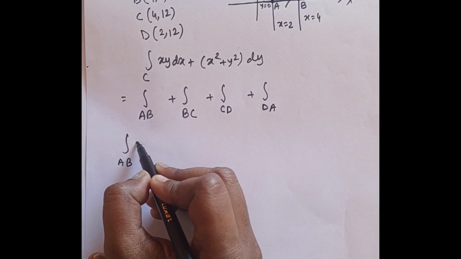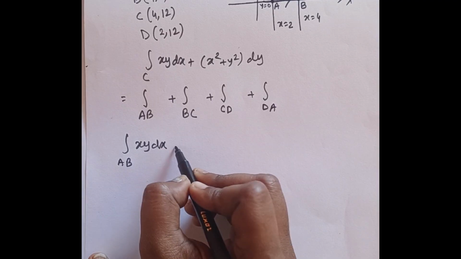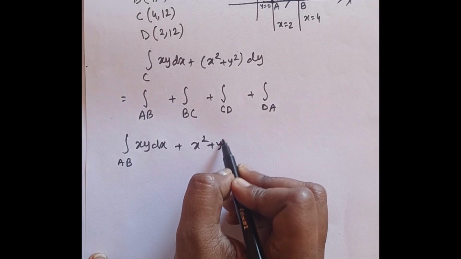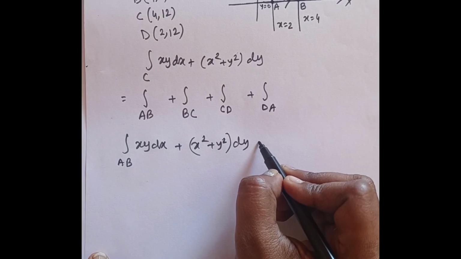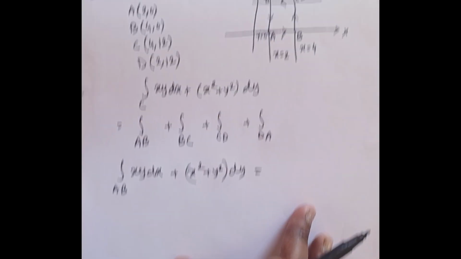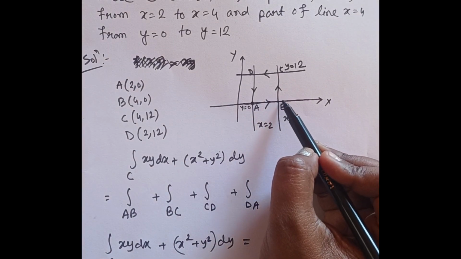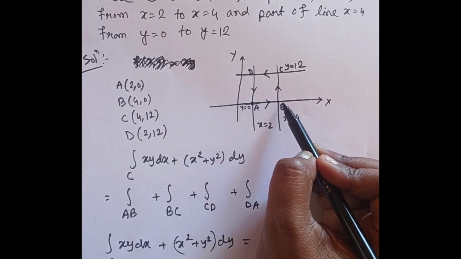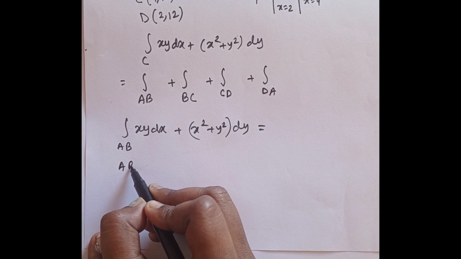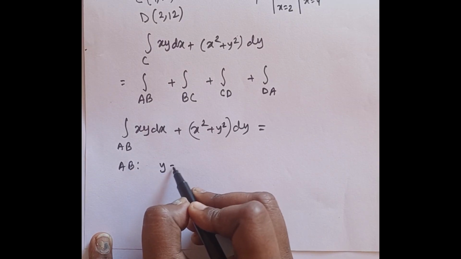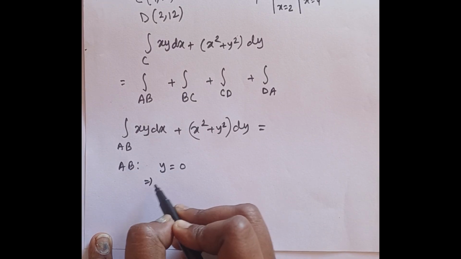So first part is integration over AB, xy dx plus (x square plus y square) dy. According to AB, y equal to 0 is the equation of line.